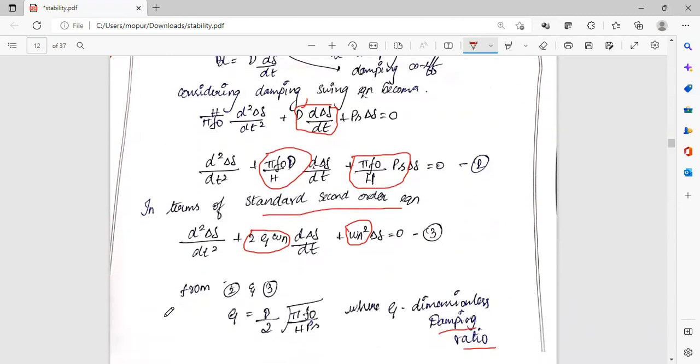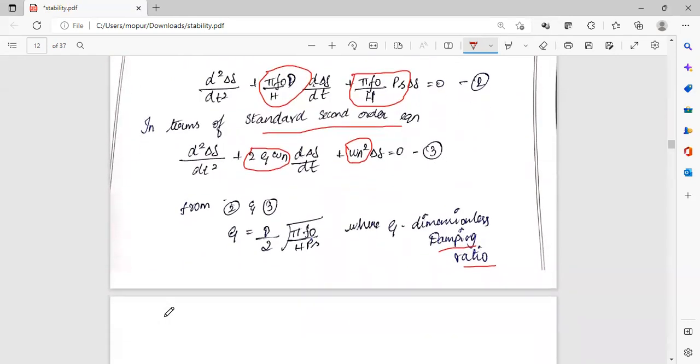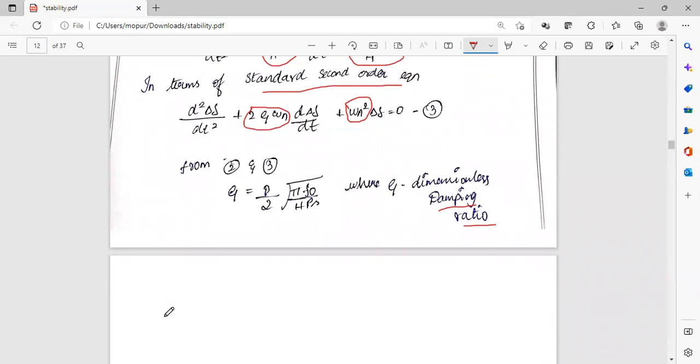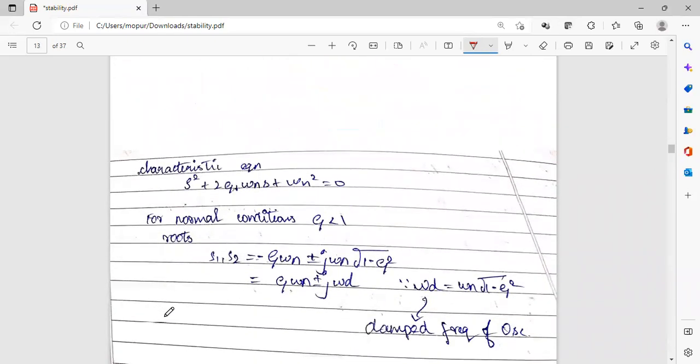Upon solving, what we will get? Eta is equal to D by 2 square root of pi f naught by H into Ps, where eta is the damping ratio, which does not have any dimensions. Now considering the characteristic equation, s square plus 2 eta omega n s plus omega n square. For normal operating conditions, this eta, equal to D by 2 square root of pi f naught by H Ps, will be less than 1.